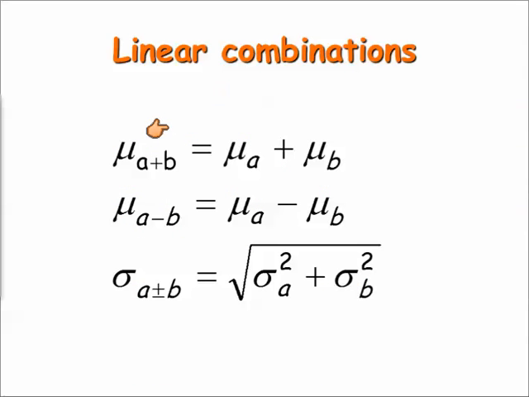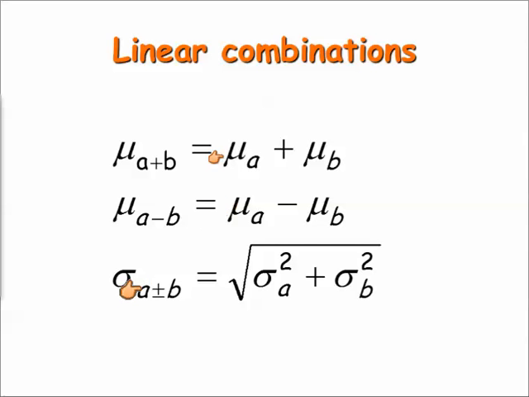Okay. When I'm combining two random variables together, I can take the means and just add the means together. It works very easily. I can take the difference of those means, and it's just a difference in the means. But the standard deviations work differently.